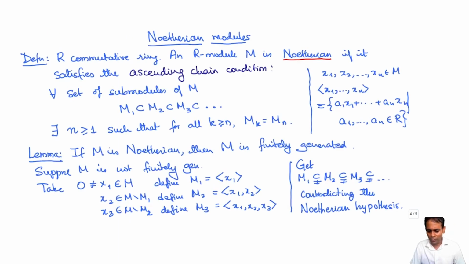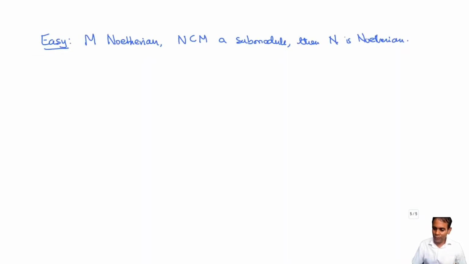If you take an ascending chain of submodules of N, it is also an ascending chain of submodules of M, so it will stabilize. So a submodule of a Noetherian module is Noetherian. However, it is not always true that a submodule of a finitely generated module is finitely generated. This is where the Noetherian condition becomes very helpful.